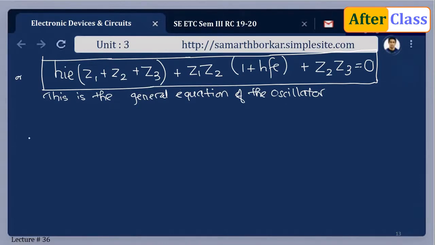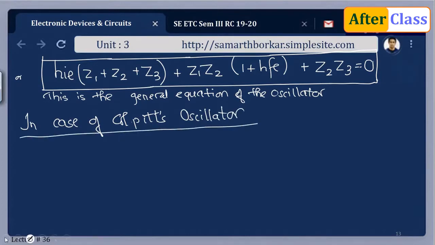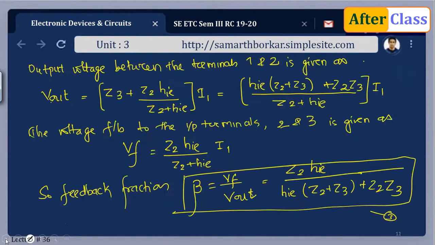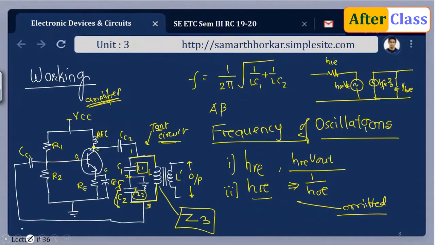Now in case of Colpitts oscillator, right in the beginning we have said Z1 is capacitor, Z2 is capacitor and Z3 is inductor. Fine.